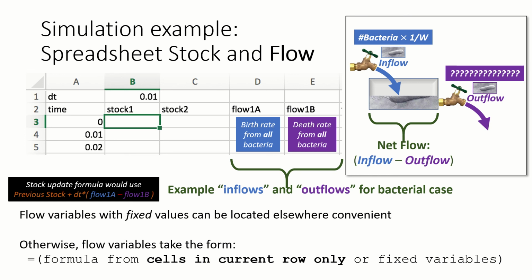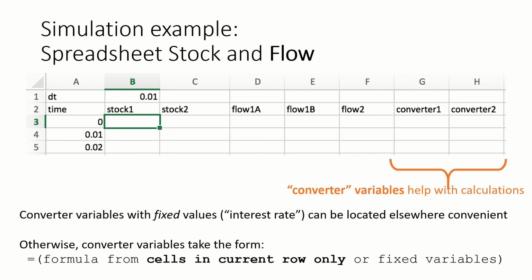That's what we'll want to put for number 2 in this column here. Then we'll get the birth rate minus the death rate, that whole quantity times dt, when you calculate the next bacteria. And converter variables can help with that.